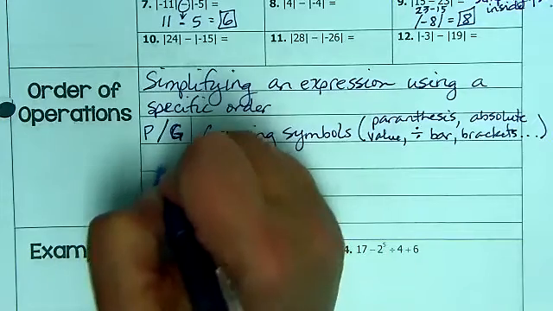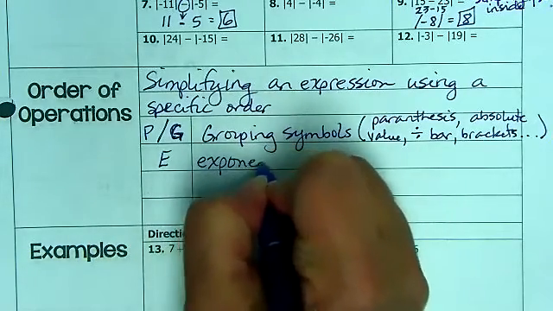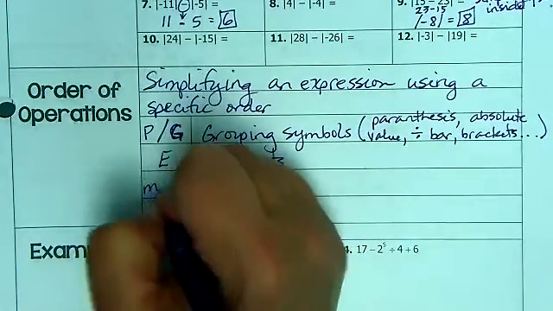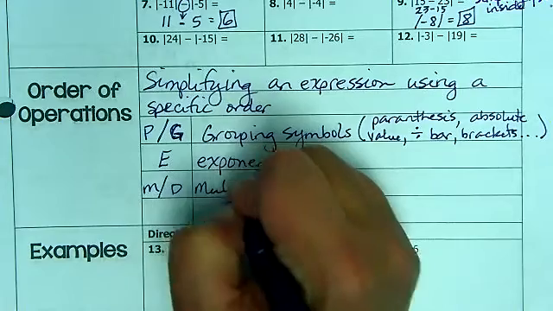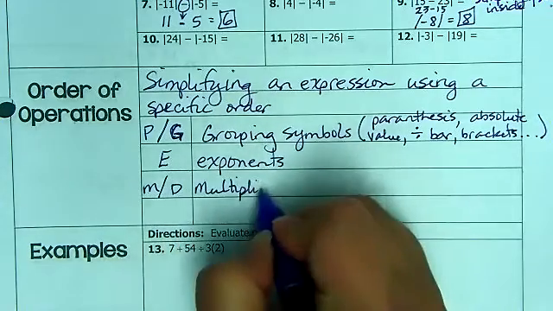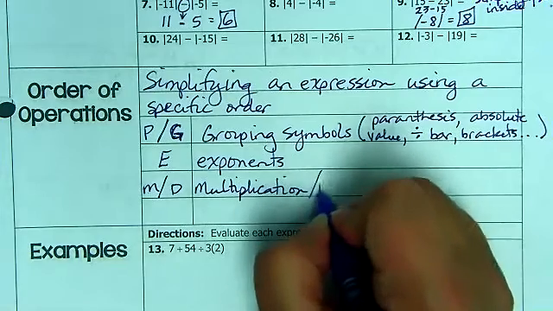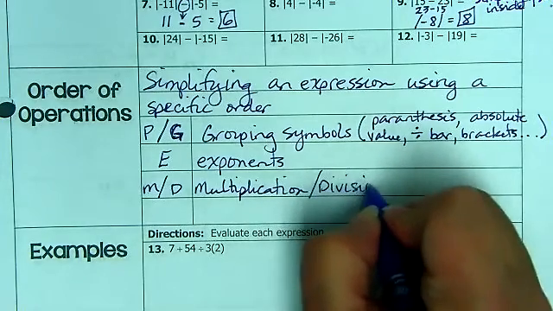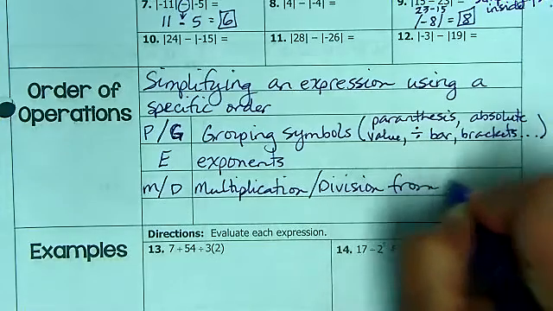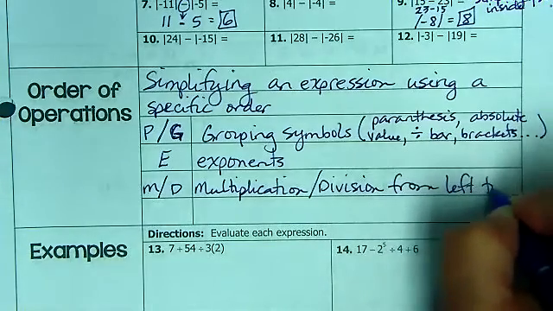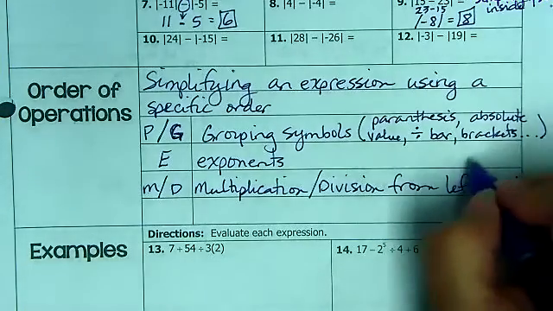And then we have E for exponents. Then we have the M or the D, multiplication or division, from left to right, whichever comes first.